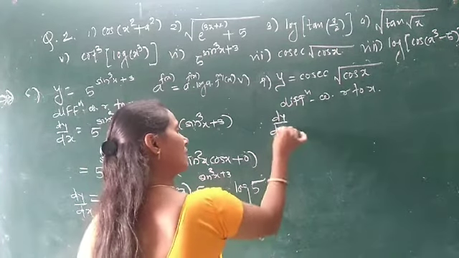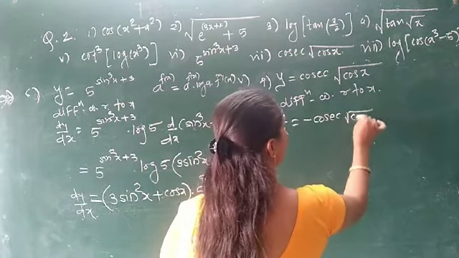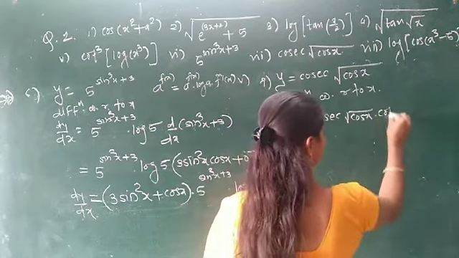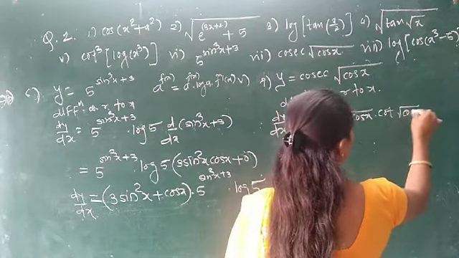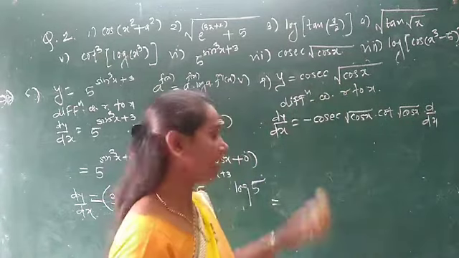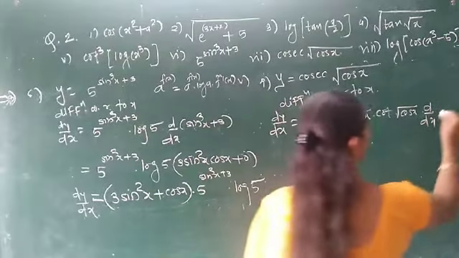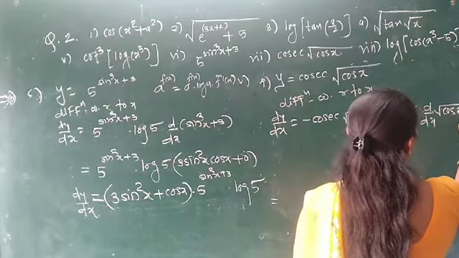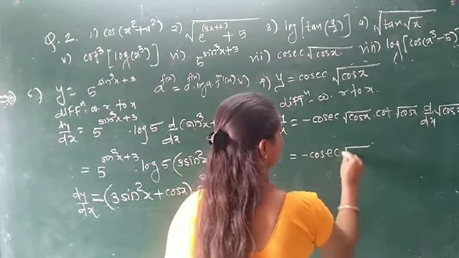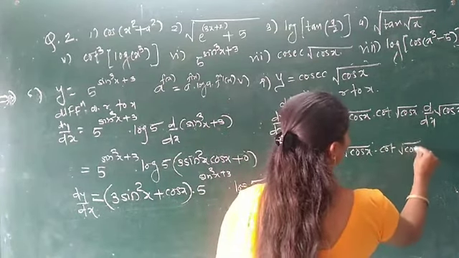Therefore dy upon dx is equal to minus cosec of root cos x into cot of root cos x. That is the derivative of cosec, minus cosec into cot. Multiply the derivative of this root cos. Now this term keep as it is. Cosec root cos x into cot of root cos x into.